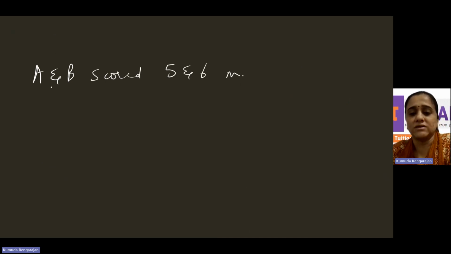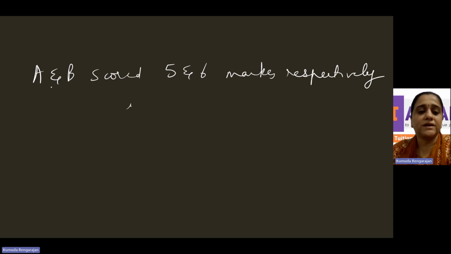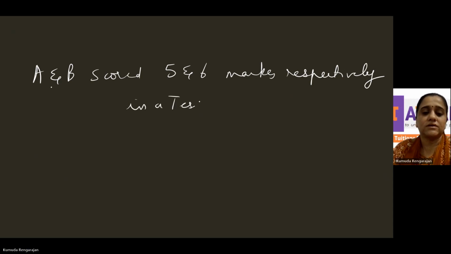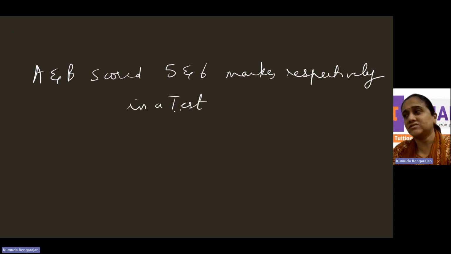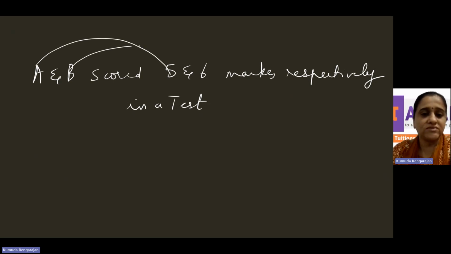Supposing I say A and B scored 5 and 6 marks respectively in a test. That means A has scored 5 marks, B has scored 6 marks. It's not the other way. First person, first number. Second person, second number.